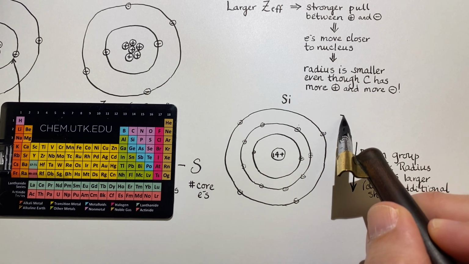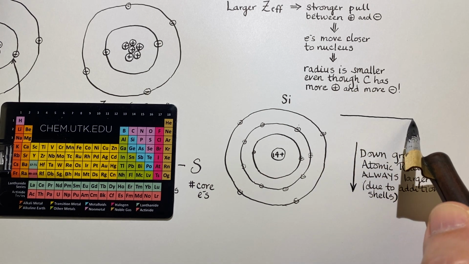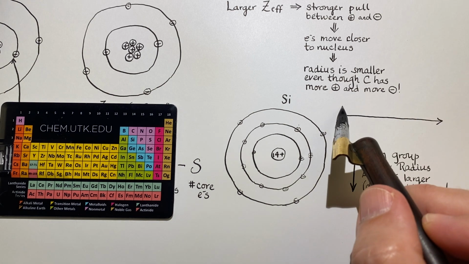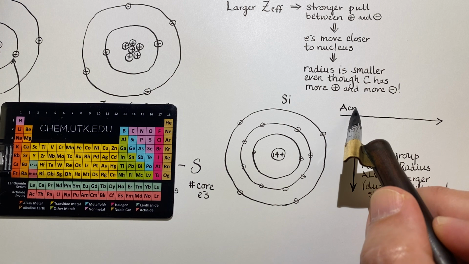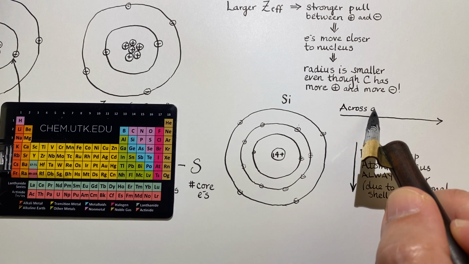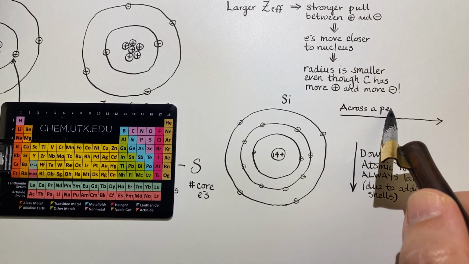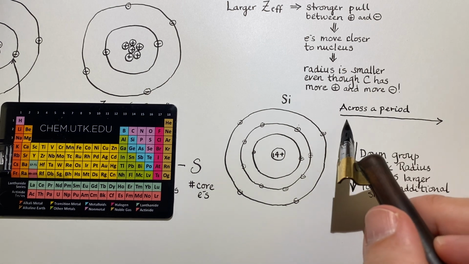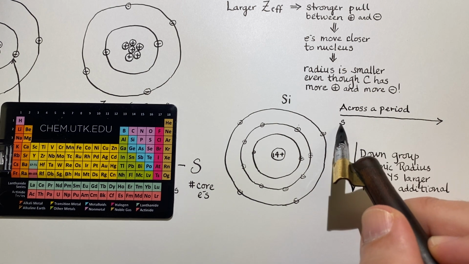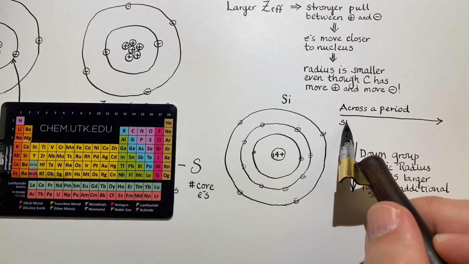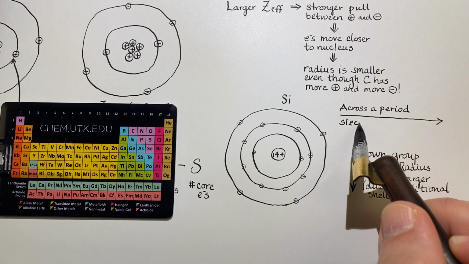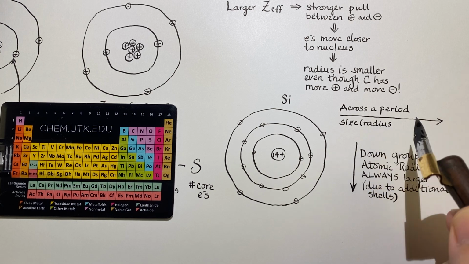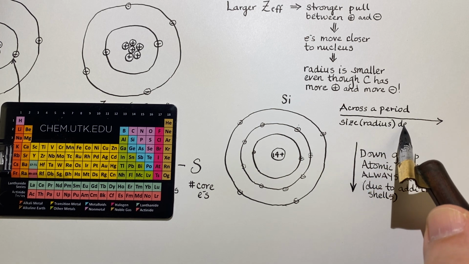Meanwhile, our trend as you go across a period. This is overall generally, well, I'm saying size, but radius decreases.